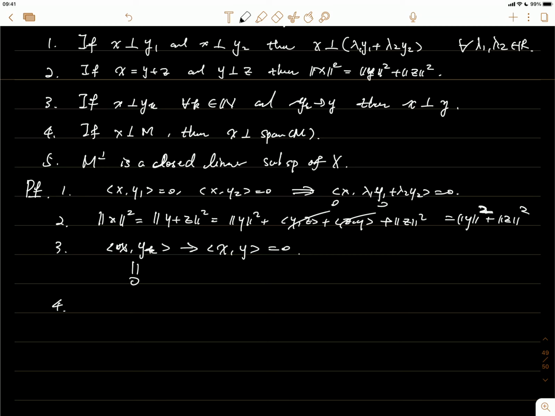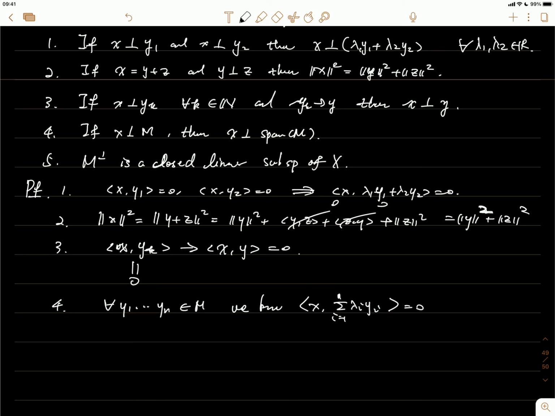This, again, is a span of M, which means it is all the linear combinations of vectors in M. So according to 1, this is always true. For any y1, ..., yn from M, we know that x is perpendicular to the sum of lambda_i y_i, i from 1 to n.